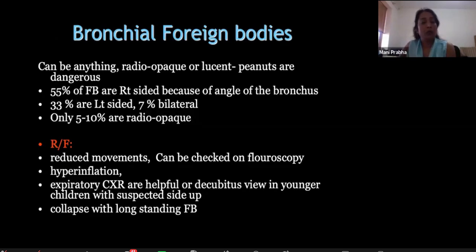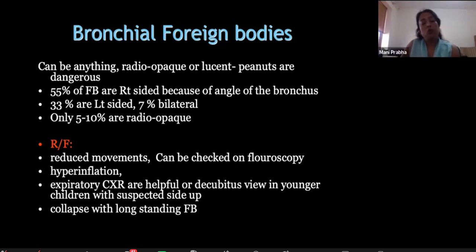They can be radiopaque or radiolucent, but more likely radiolucent. Peanuts are very dangerous. 55% are right-sided because of the straight angulation of the bronchus. They just land up in the right main bronchus. They can be left-sided or bilateral also. And only 5 to 10% are radiopaque.